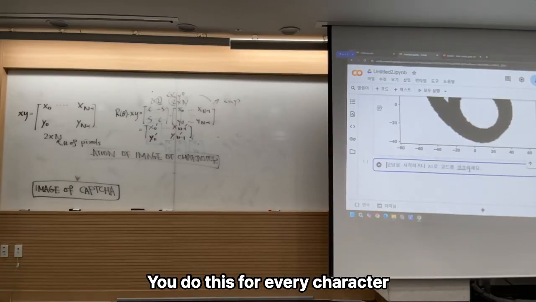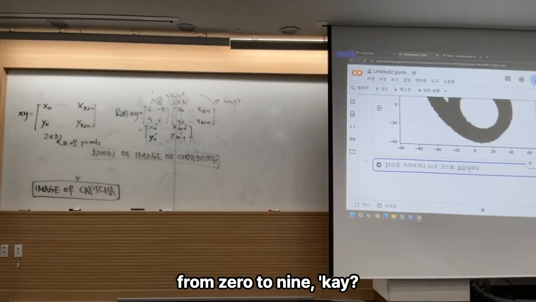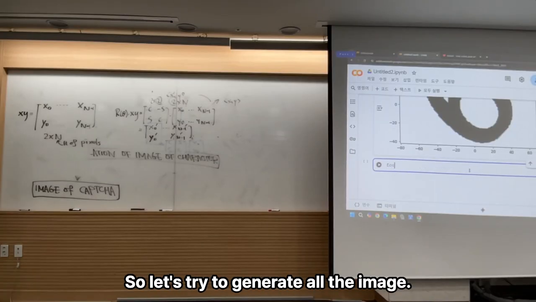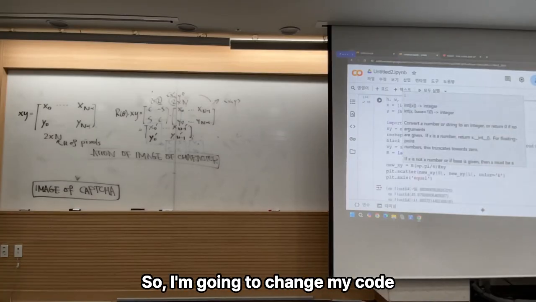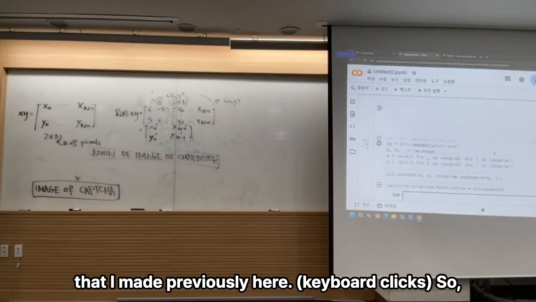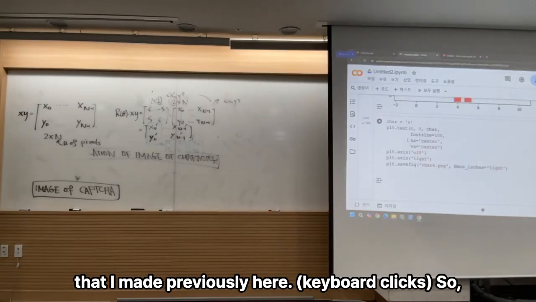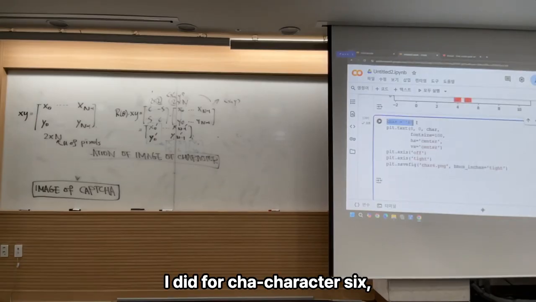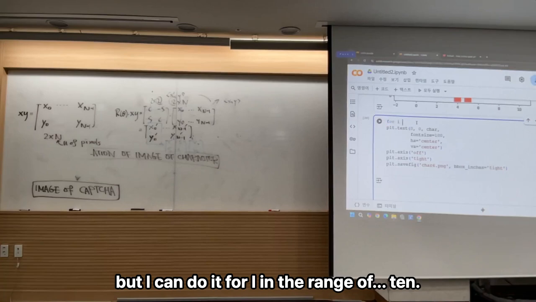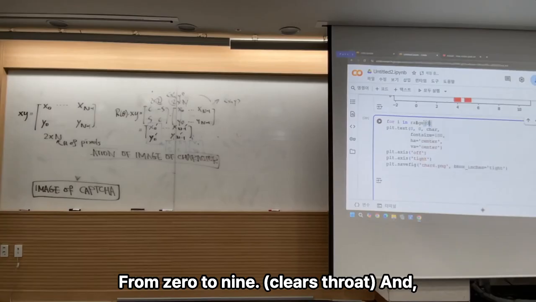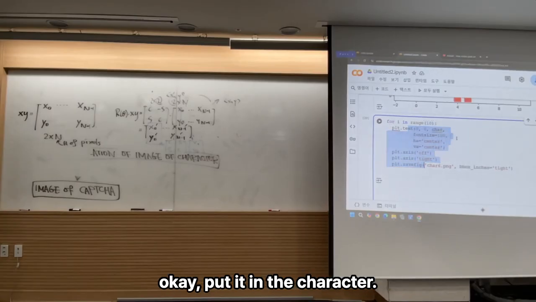You did this for every character from 0 to 9. So let's try to generate all the images. I'm going to change the code that I made previously. I did it for character 6, but I can do it for i in the range of 10, from 0 to 9, and put it in the character.